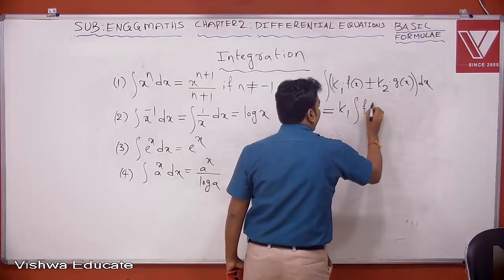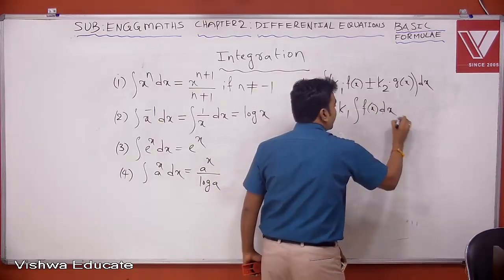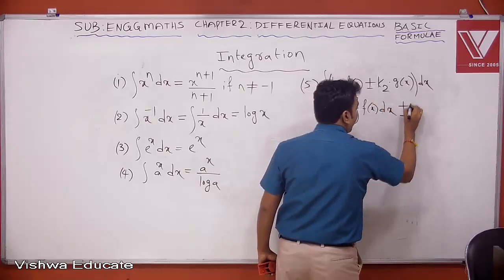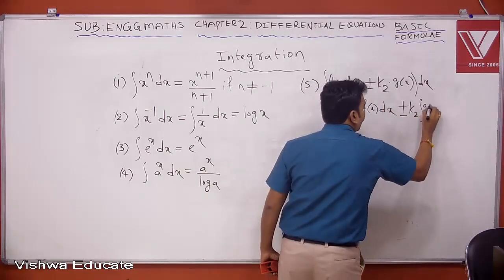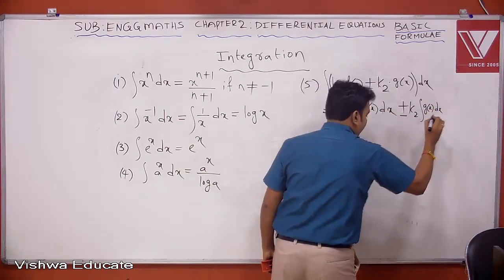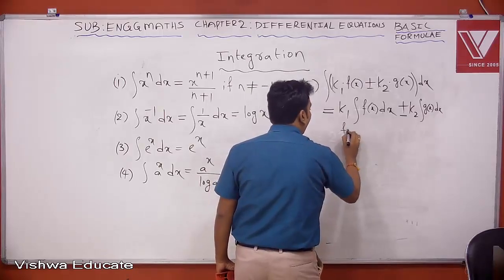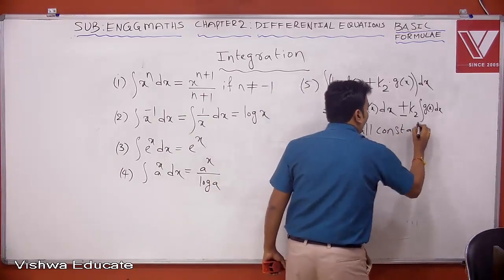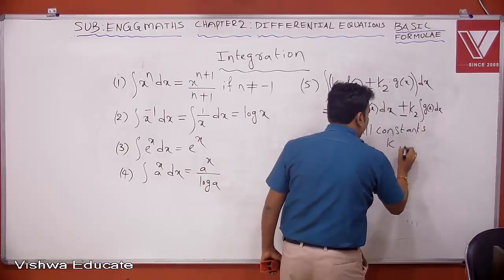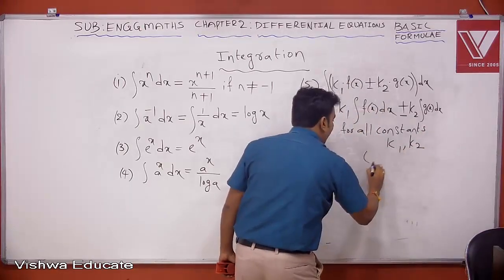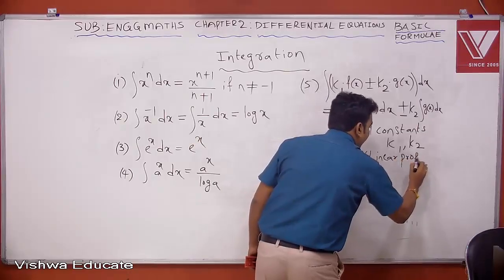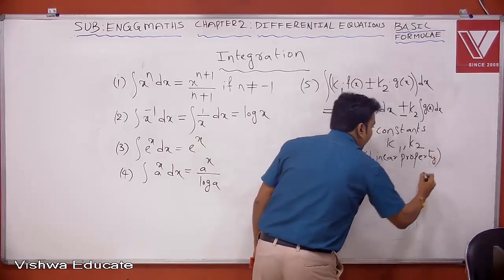So, this is k1 times integral f of x dx, if it is plus we get plus, if it is minus we get minus, plus or minus k2 times integral g of x dx, for all constants k1, k2. This is called the linear property for integrals, just like derivatives.